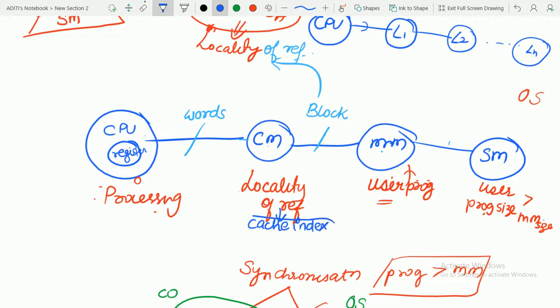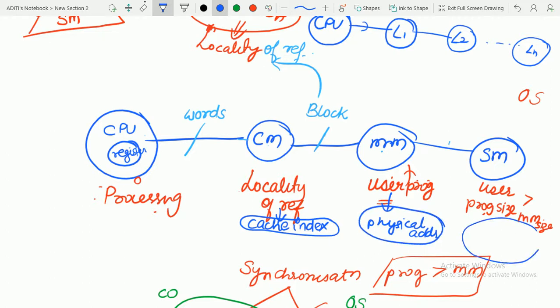The user program address in the main memory is known as the physical address, and the address in the secondary memory is known as the logical or virtual address.